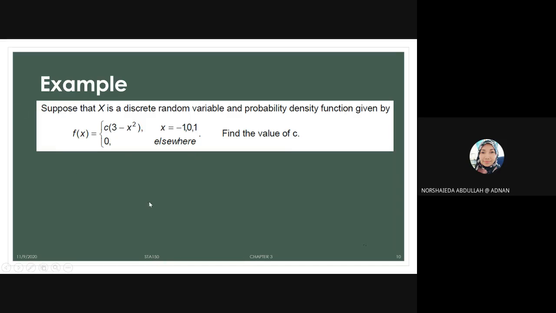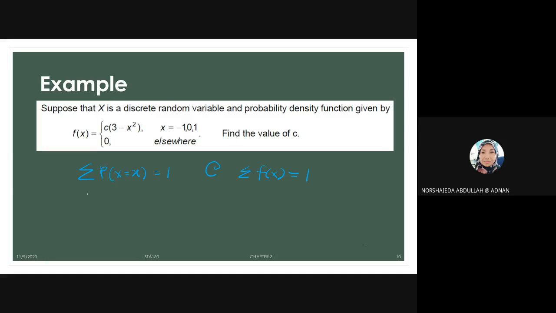So for a question like this, we want to find the constant, we will use the property that the total probability equals 1. Okay, so we use the property that total probability equals 1, or we can write it as sum of f(x). Okay, the probability notation can be written as P or as F. Total probability equals 1. Okay. So we total up the probabilities. There are three values of x.